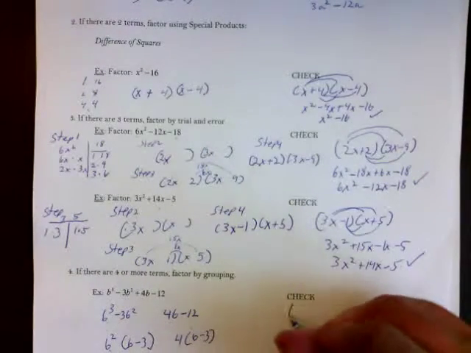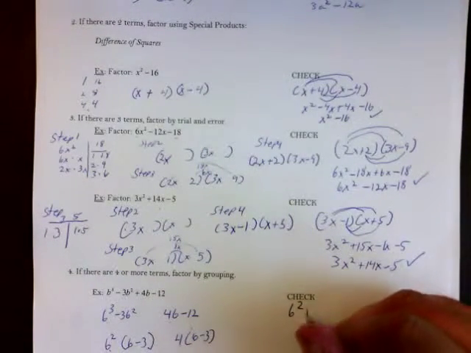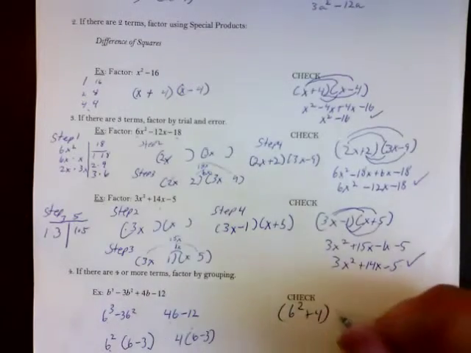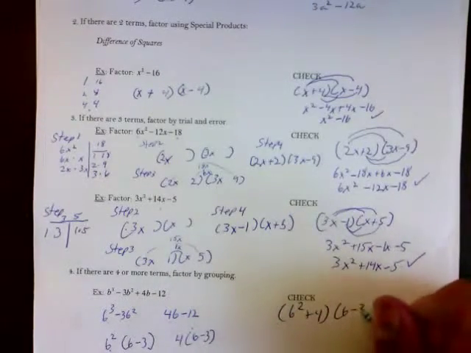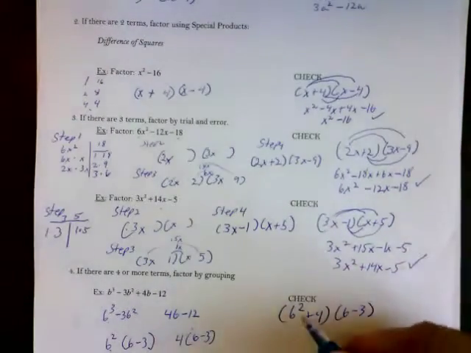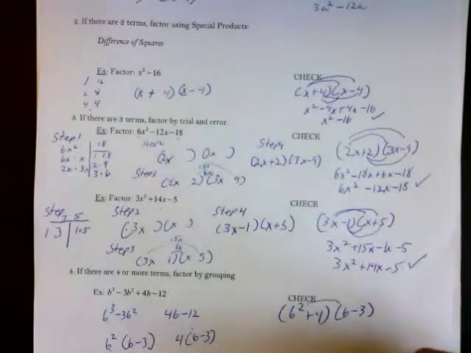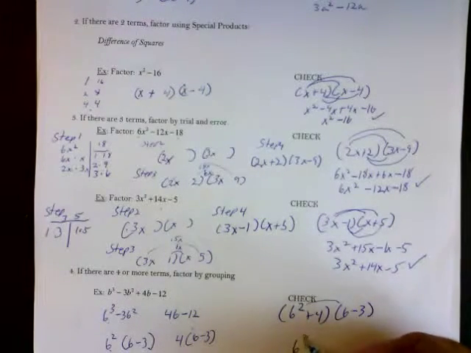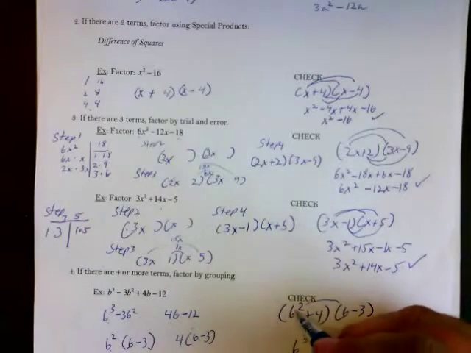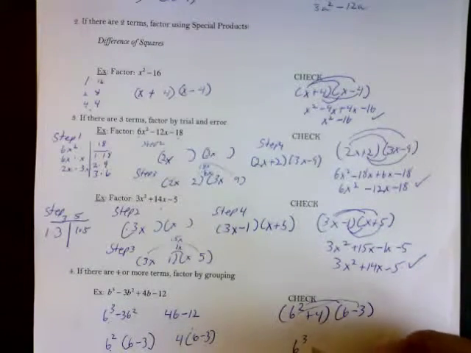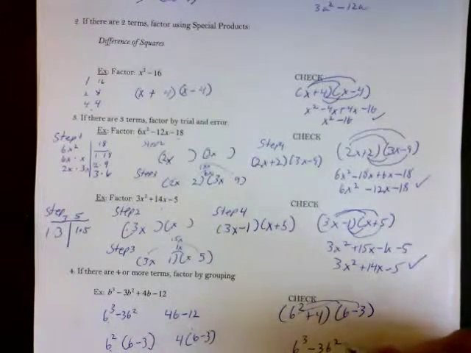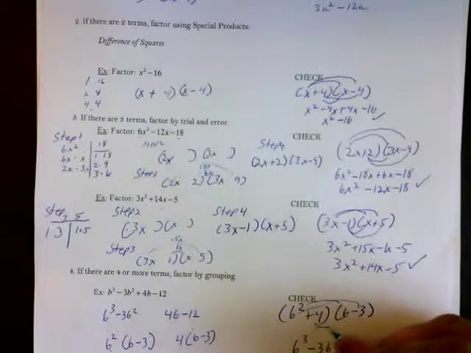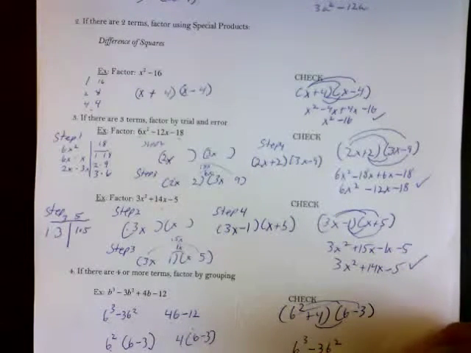Alright, if you think you've got it, we go to check mode, and we do our bit. B squared times b is b to the third. B squared times negative 3 is negative 3b squared. 4 times b is 4b.